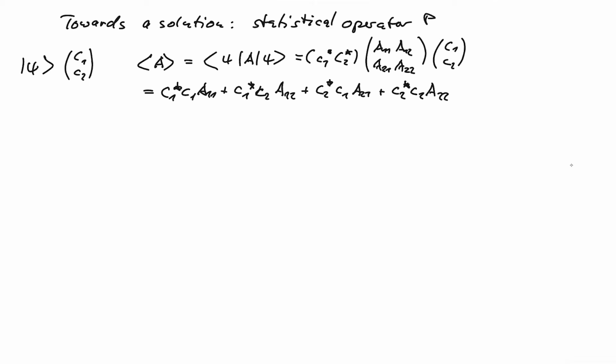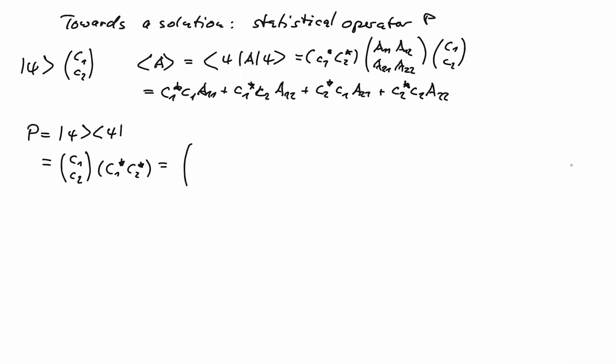Well, we now define the statistical operator rho as the dyadic product of psi with itself. So it's psi ket times psi bra. And if you write this out, then it's simply the column vector (C1, C2) times the complex conjugate row vector (C1 star, C2 star).